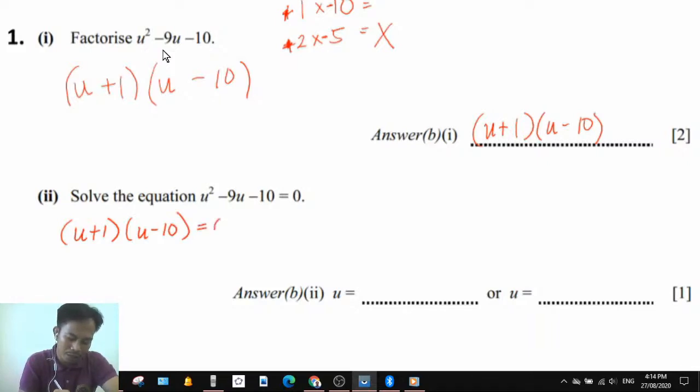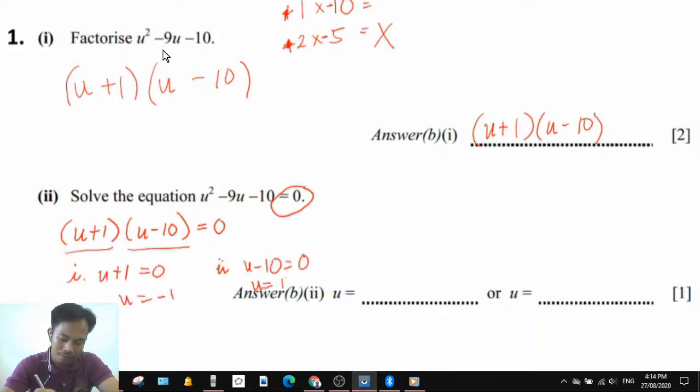Solution number 1 is u plus 1 is equal to 0. And solution number 2 is u minus 10 is equal to 0. Thus, u is equal now to negative 1 and u is equal to positive 10. So I have now negative 1 and positive 10 as my answers. Okay, as simple as that.